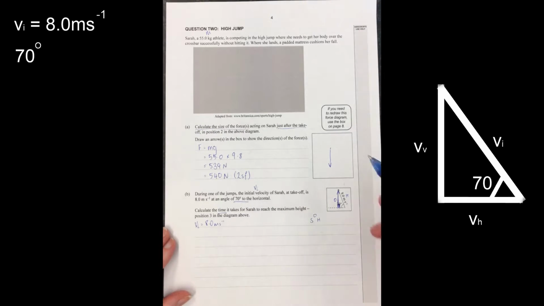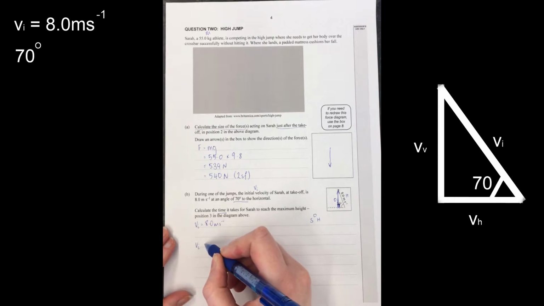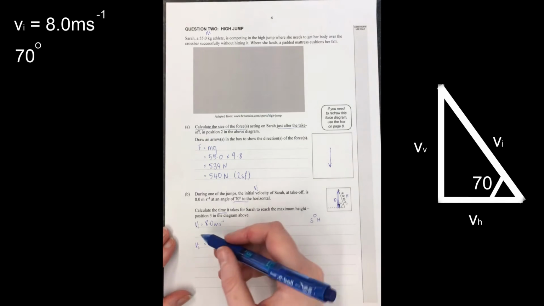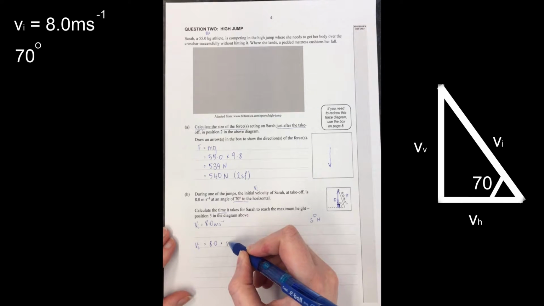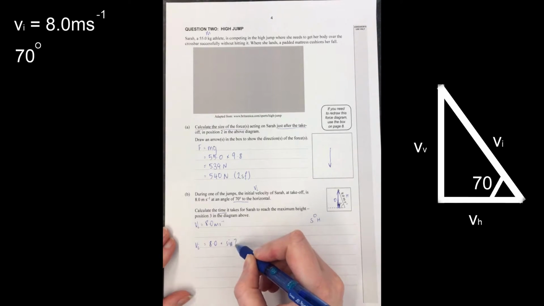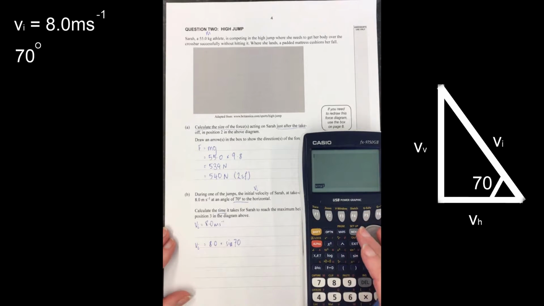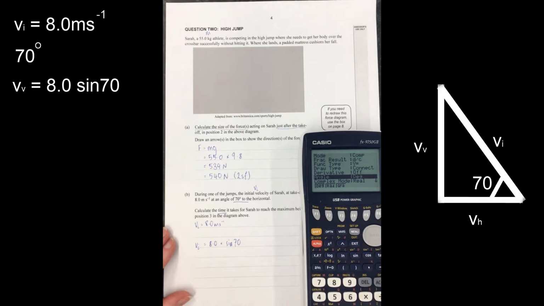So, to get our opposite, we need to use our hypotenuse, which is 8.0, times by sine 70. Now, be careful to check that your calculator is in degrees.